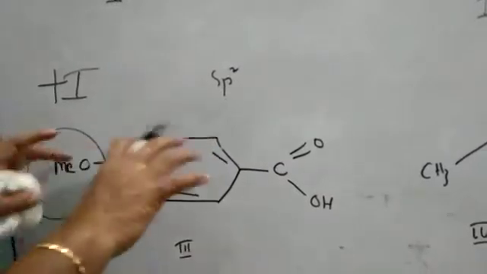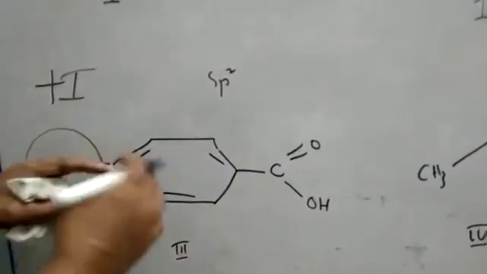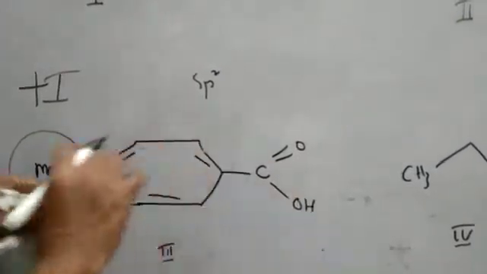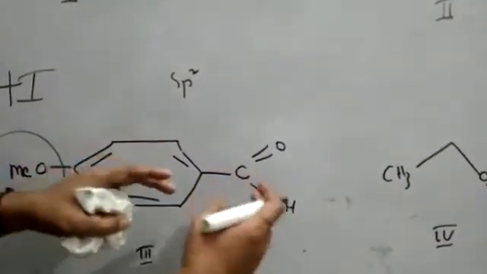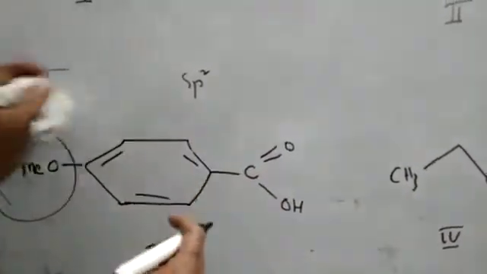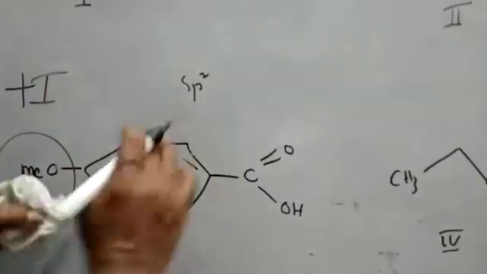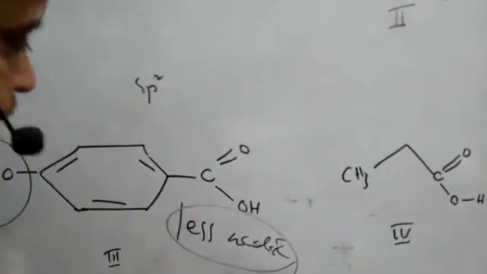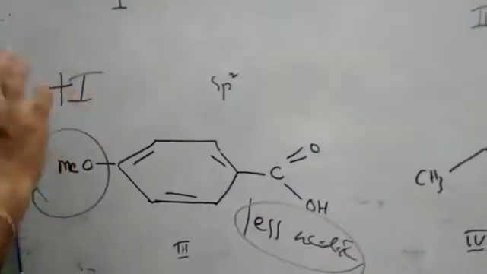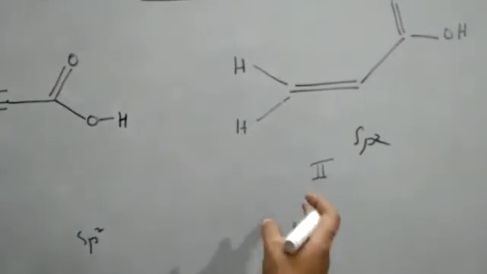More electron releasing means it is not easy to come. Everything should come, then only it is easy to go. Because the electron density is towards the ring, it is less acidic, because of the electron releasing group. So comparing these, 2 is better than 3.